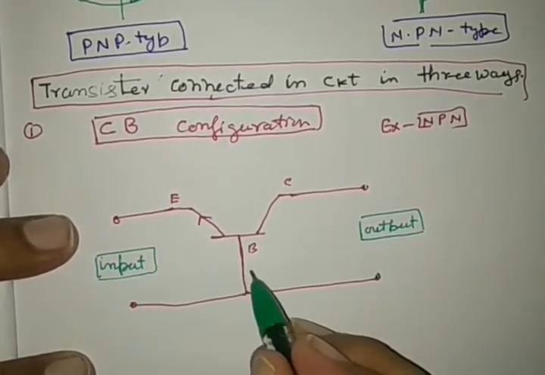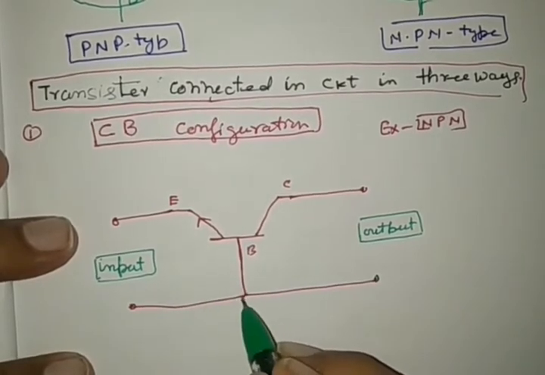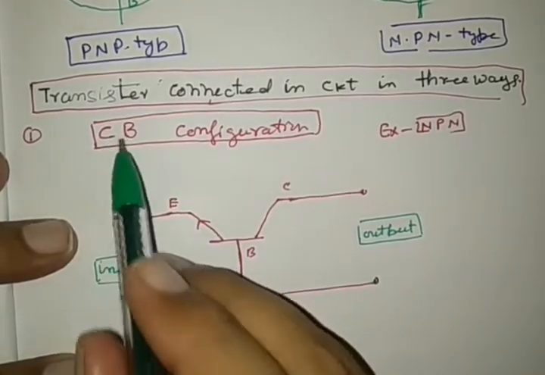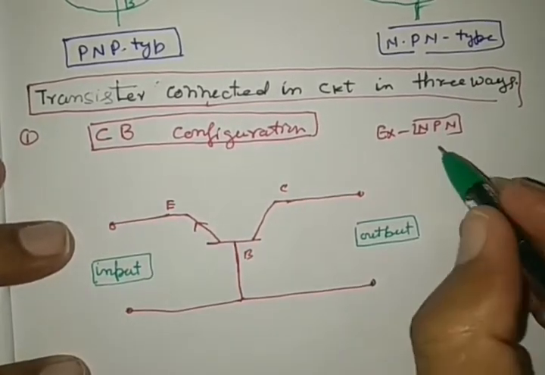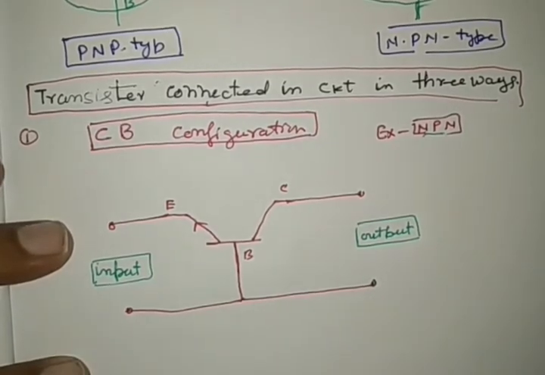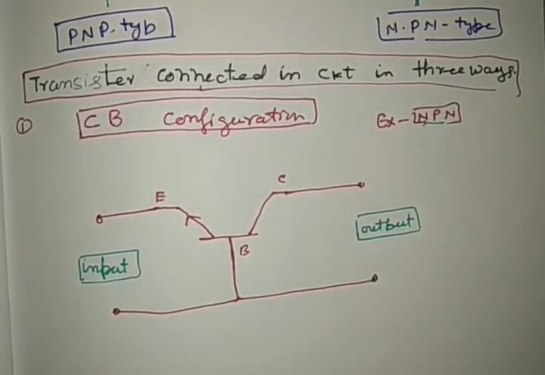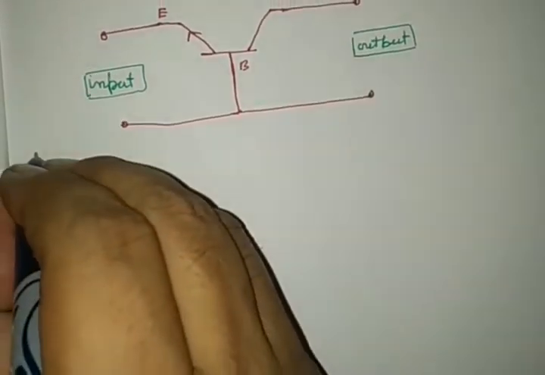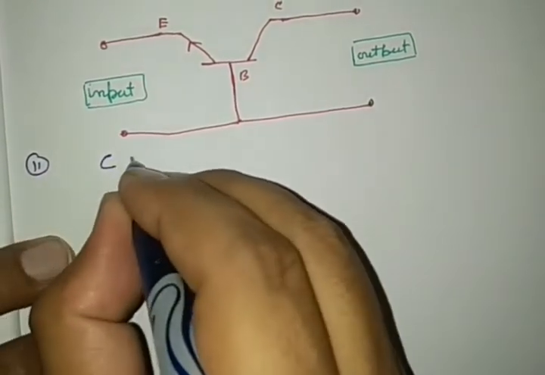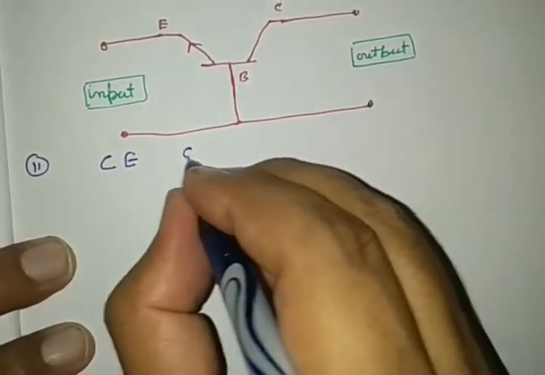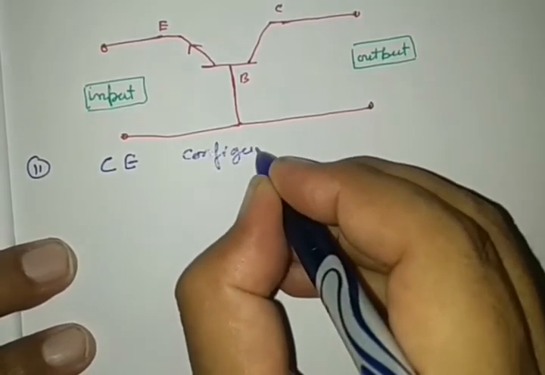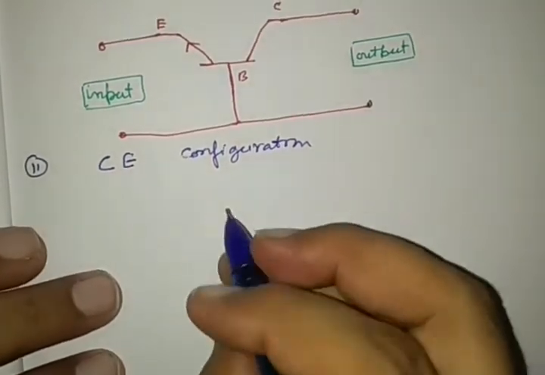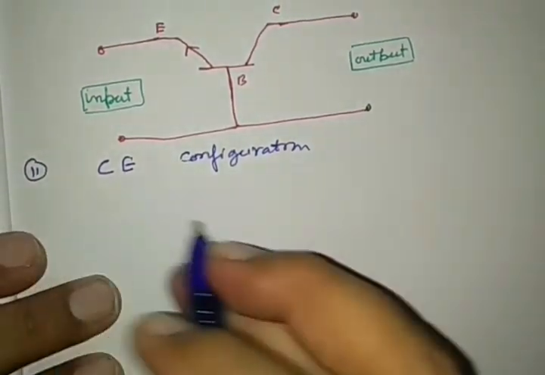The base is common. The base terminal is in the input and the base is in the output. So it is called the common base configuration, taking the example of NPN. The second type is the common emitter configuration.